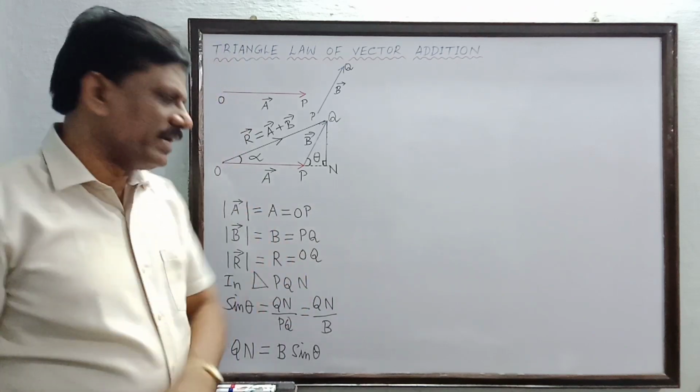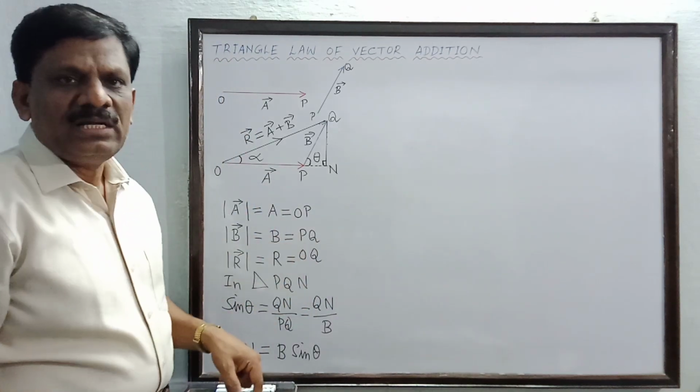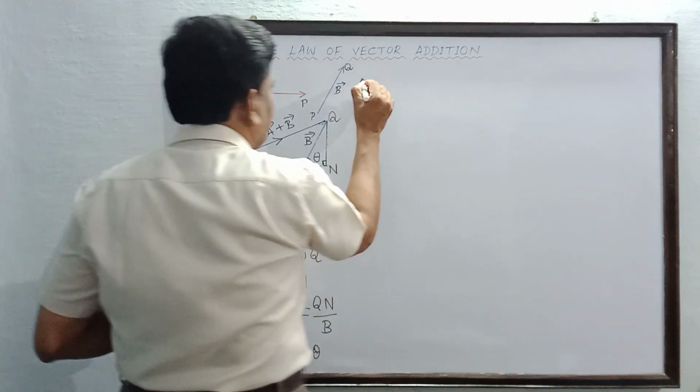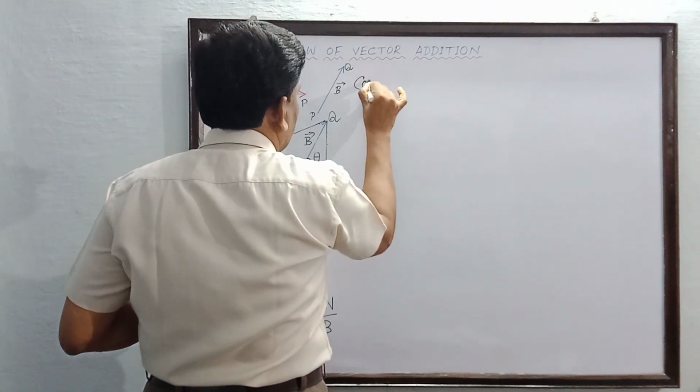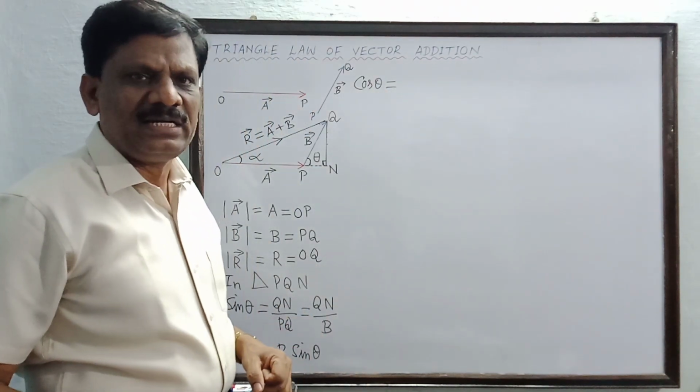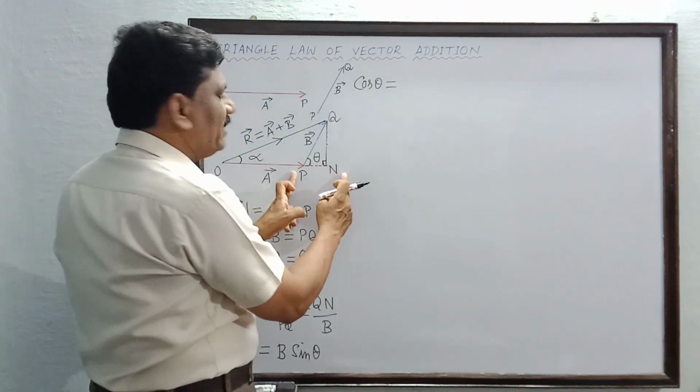Okay, now in the same triangle PQN, you tell me what is cos of theta. Cos of theta is equal to what? Adjacent side by hypotenuse, is it not? The side adjacent to theta is PN.